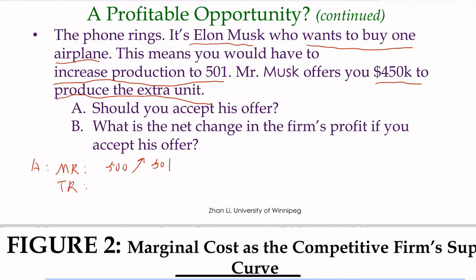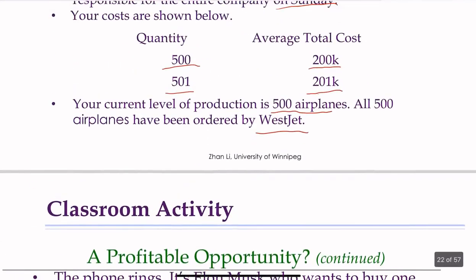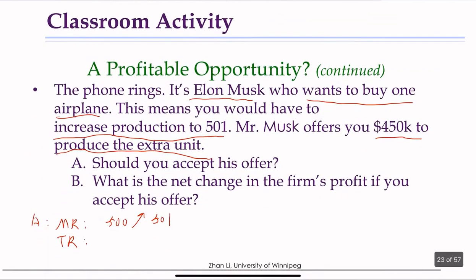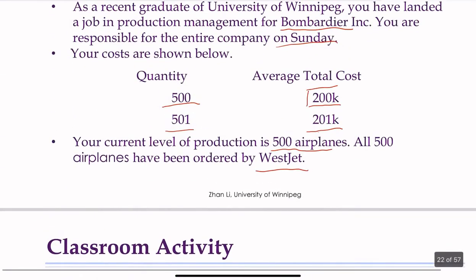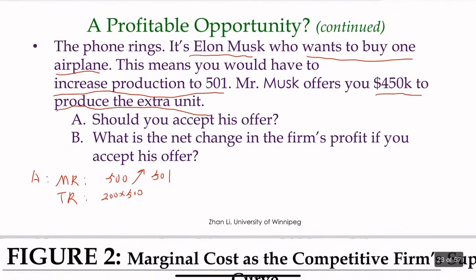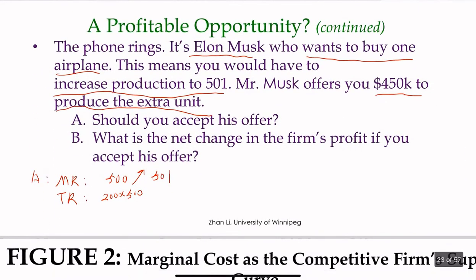So if you have 500 jets, then your total revenue is 200 times 500. Remember, this 200K is really the average total cost. So the total should be 100,000K.